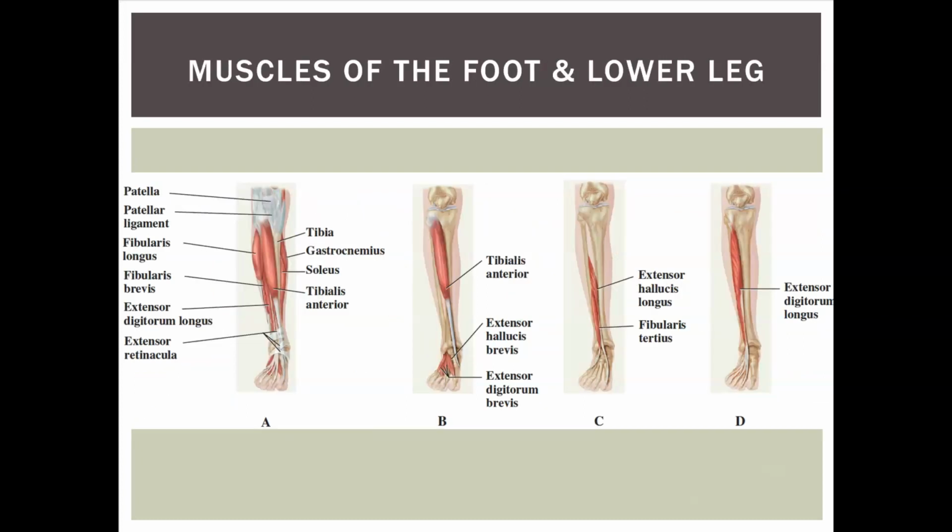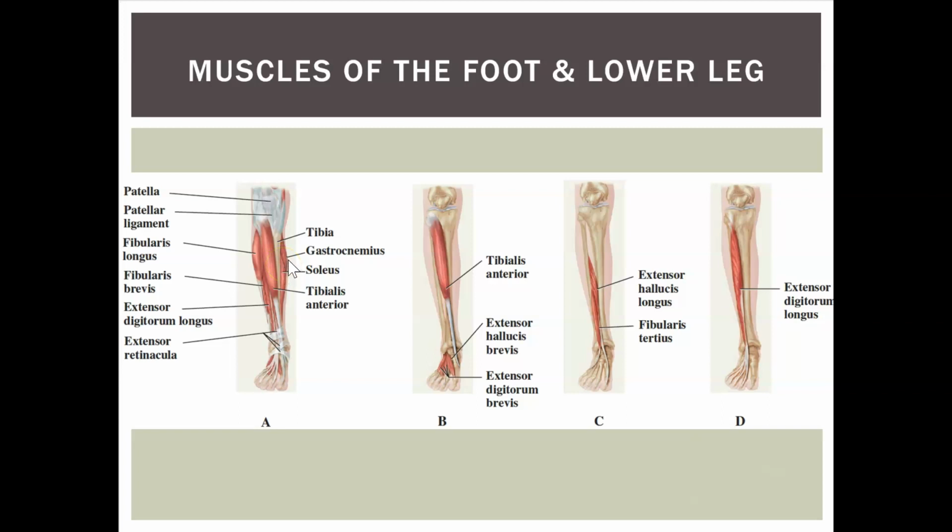All right, looking at the muscles of the foot and lower leg, this is looking from an anterior view. For a frame of reference, you've got the patella and the patellar tendon. You can see a little bit of the tibia right here, just I guess deeper from the tibia.